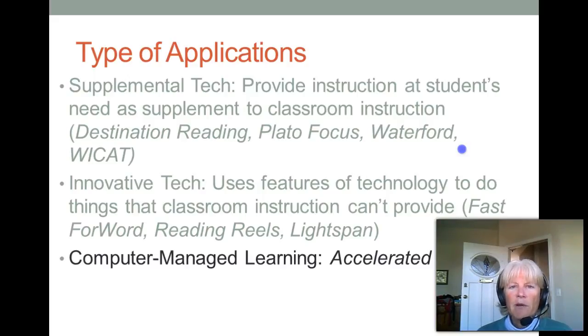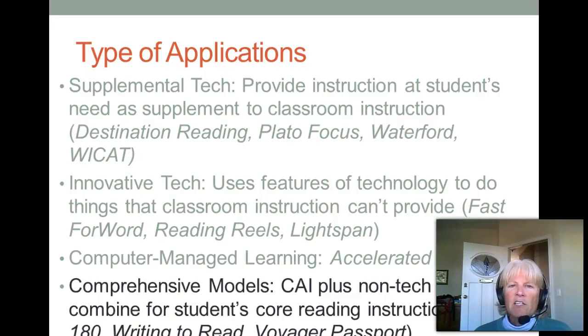So that's Accelerated Reader. And then the last category that was named in the study is what they called comprehensive models, which is computer assisted instruction like the supplemental technology was, but it's used in conjunction with more traditional reading instruction.